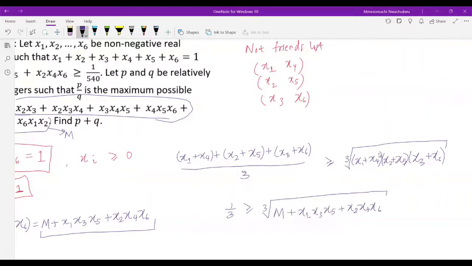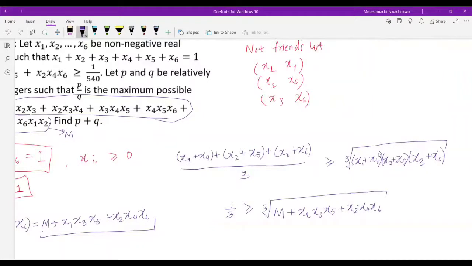Because we're dealing with positive or non-negative real numbers, we can cube both sides. We can square both sides, we can cube both sides, because we're dealing with the friendly numbers, the positive real numbers, or the non-negative real numbers.